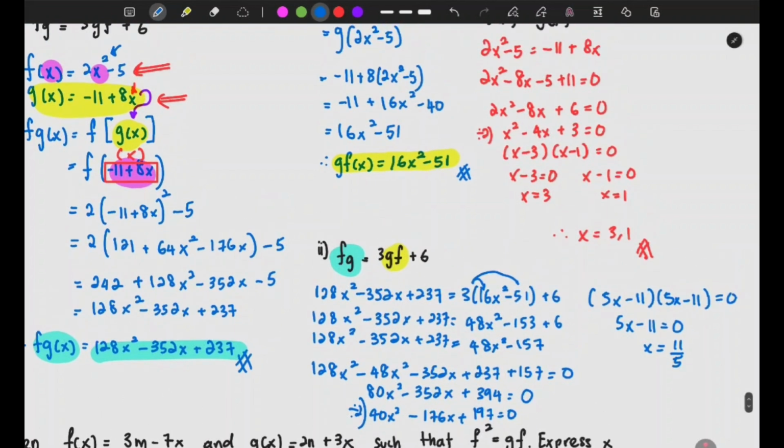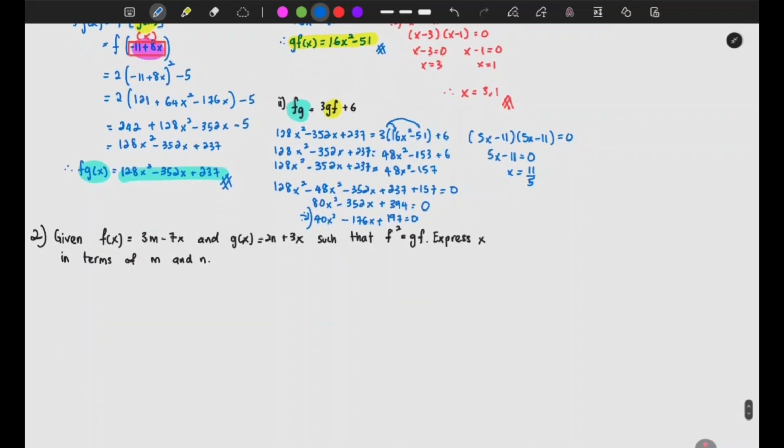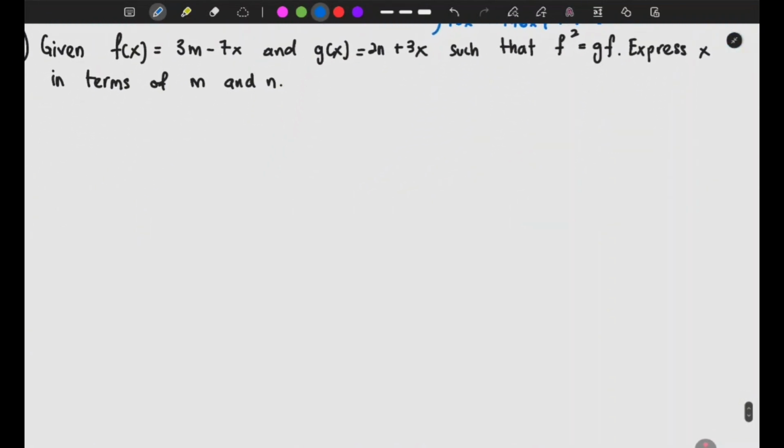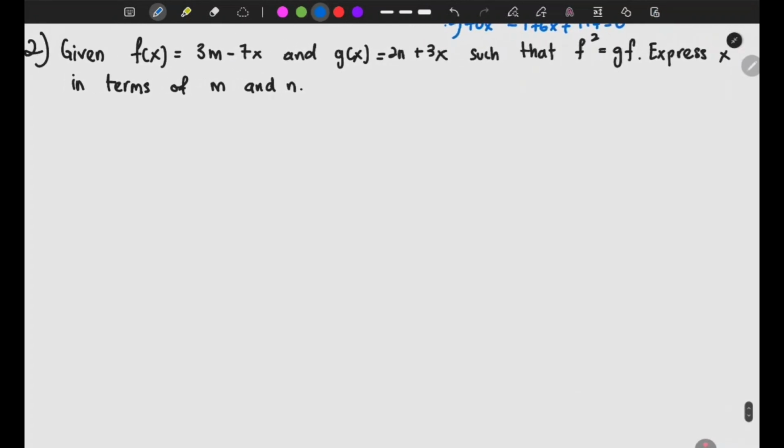Next part. Given f(x) equals 3m minus 7x. So my f(x) equals 3m minus 7x is what they told me, and g(x) equals 2n plus 3x.